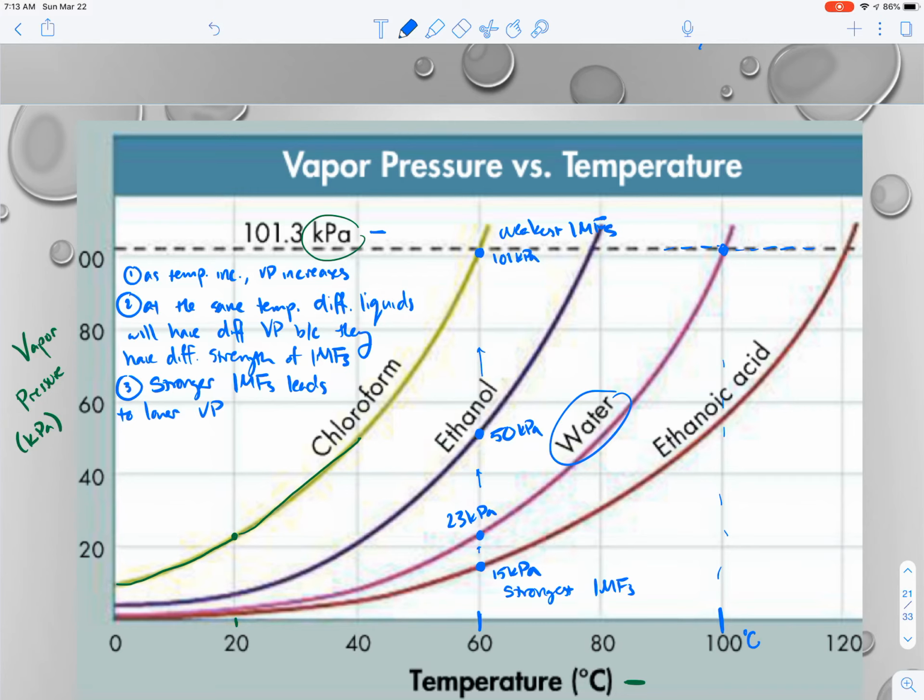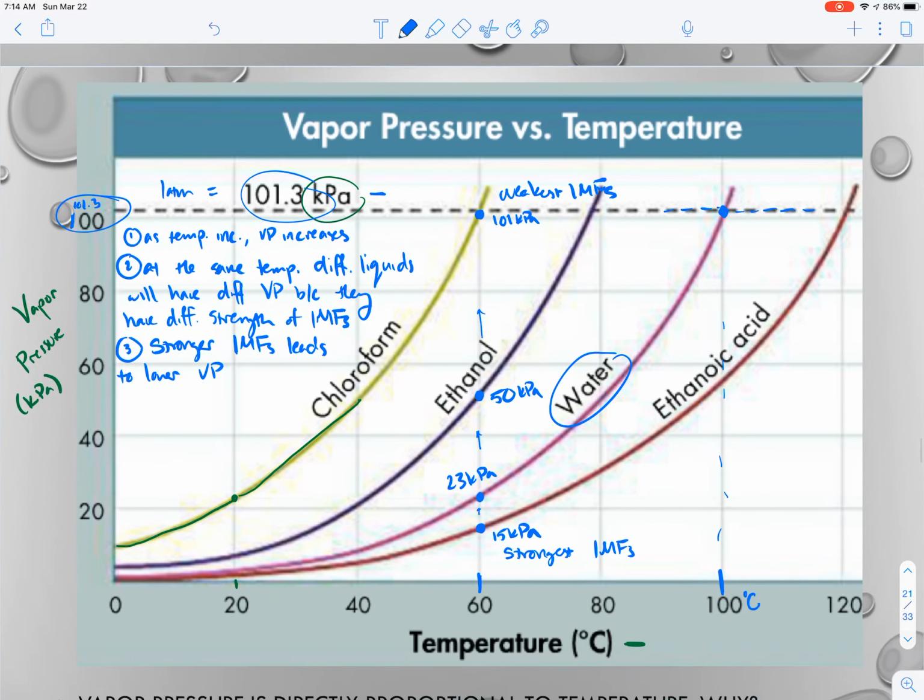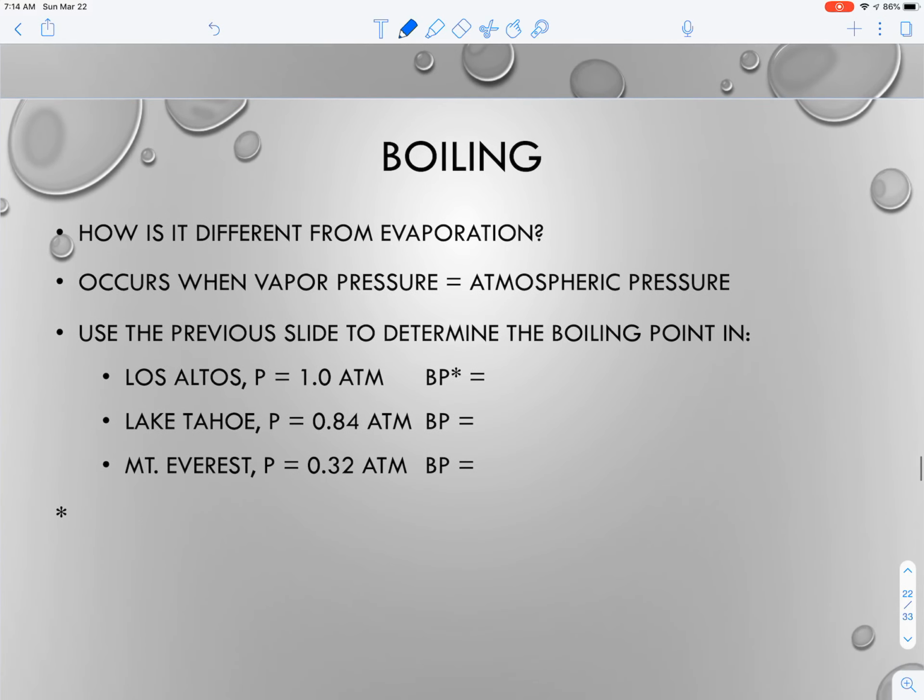And if we go over to the left here, we see that this dashed line is just above 100, and we can see here also 101.3 kPa, which is the same as 1 atmosphere. So we can see that when water's vapor pressure becomes the same as the atmospheric pressure, it will start to boil. Okay, so that leads to an important point here.